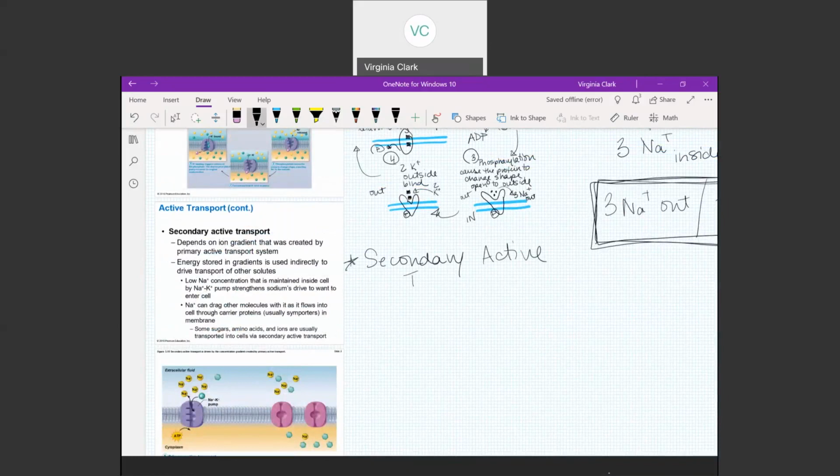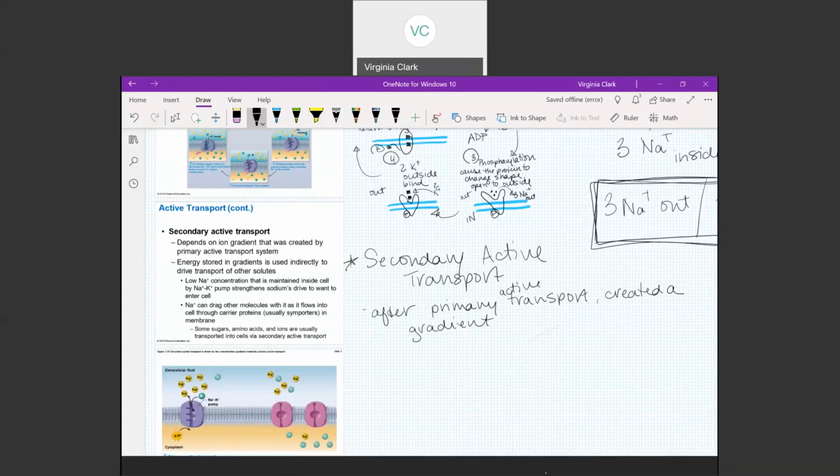Secondary active transport is an interesting concept. Basically, what secondary active transport is saying is that after primary active transport, it has created a gradient.